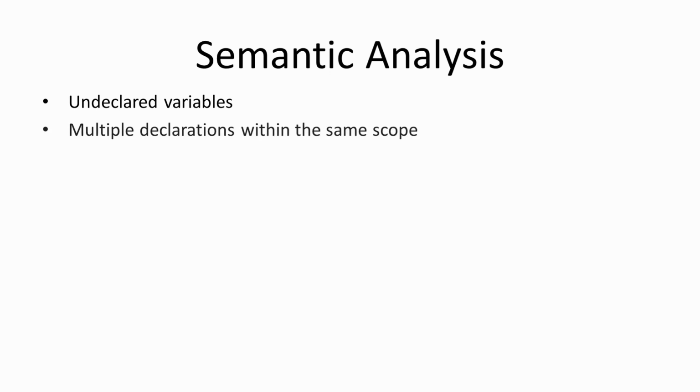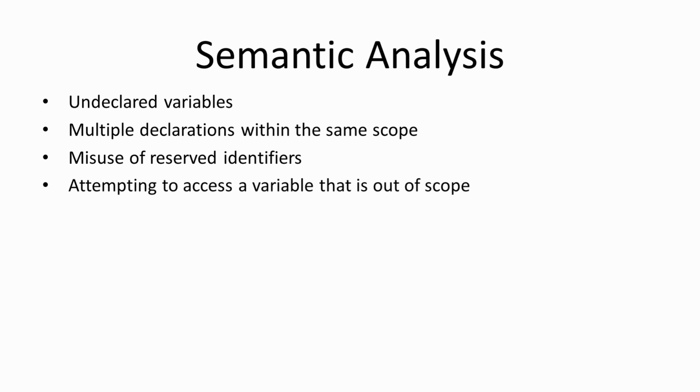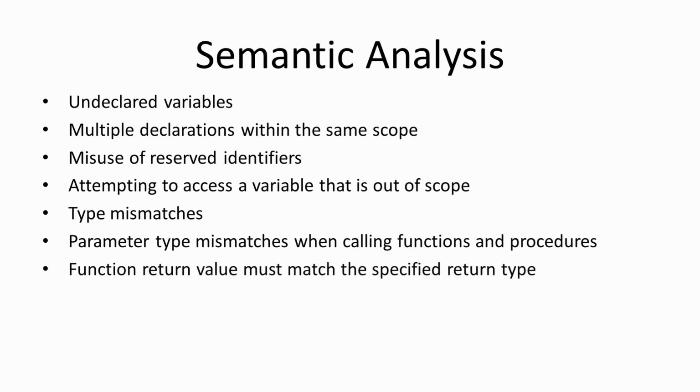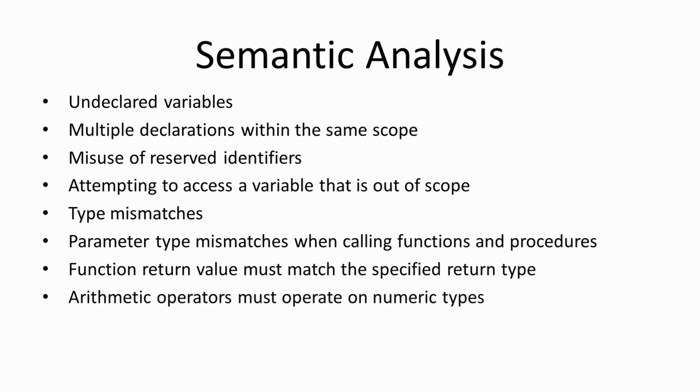During syntax analysis, a compiler can spot problems like undeclared variables, multiple declarations of a variable within the same scope, misuse of reserved identifiers, attempting to access a variable that is out of scope, trying to assign the wrong type of data to a variable, the so-called type mismatch error, passing the wrong type of data as a parameter to a function or a procedure when it's called, a function's return value not matching the specified return type, arithmetic operators that don't operate on numeric types.